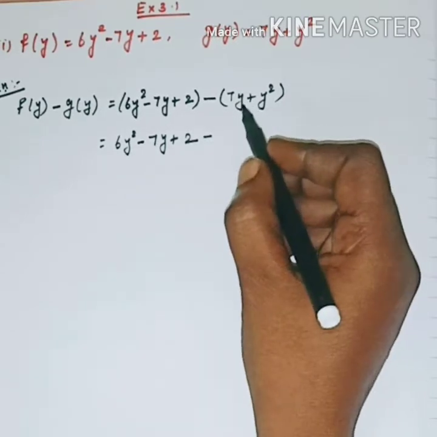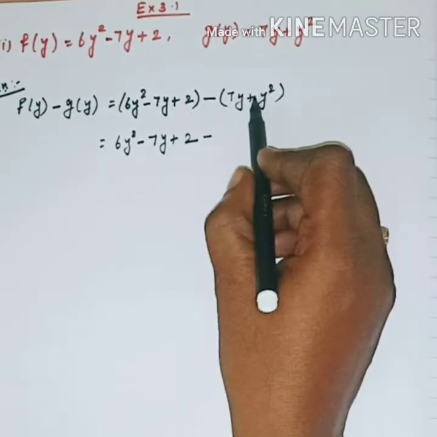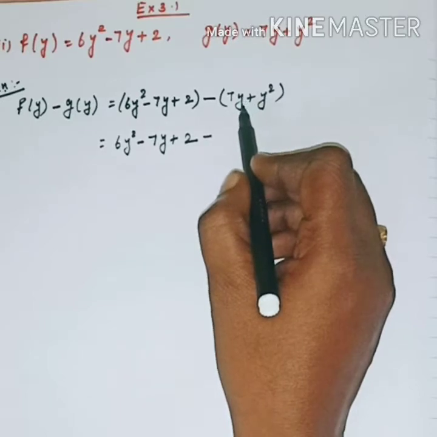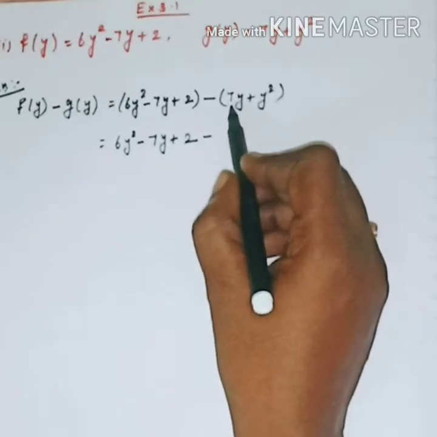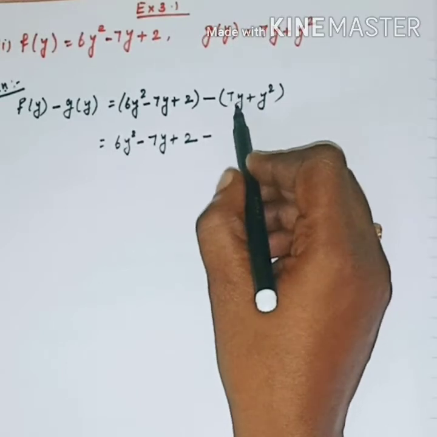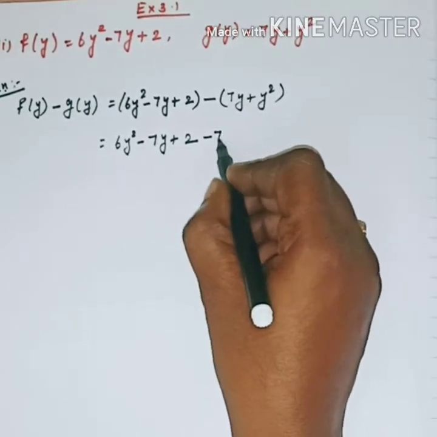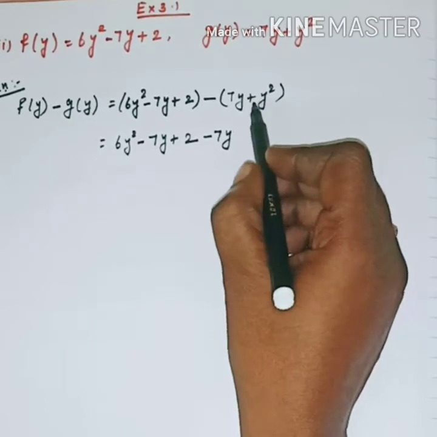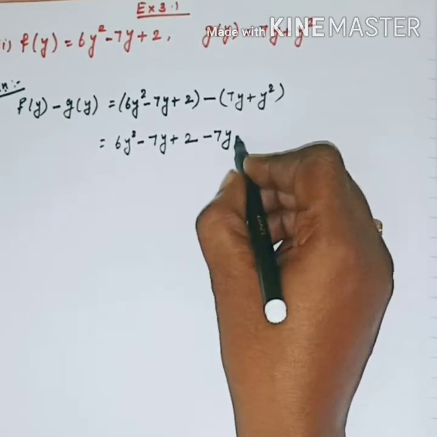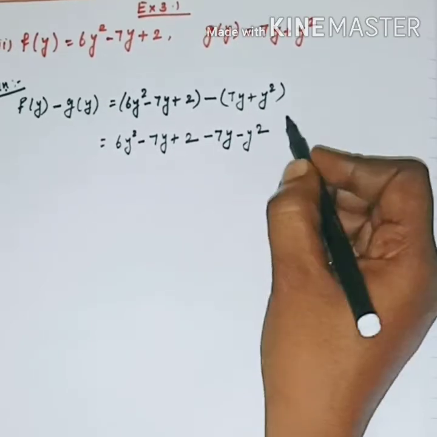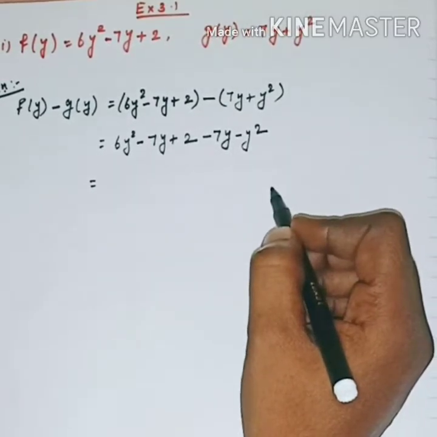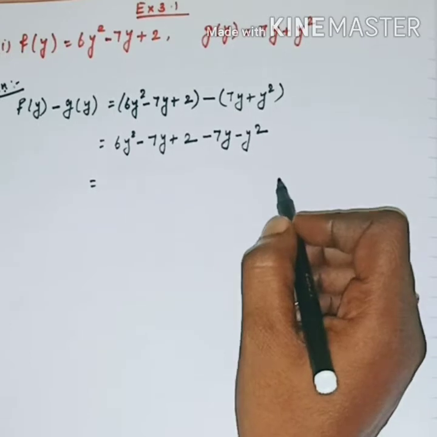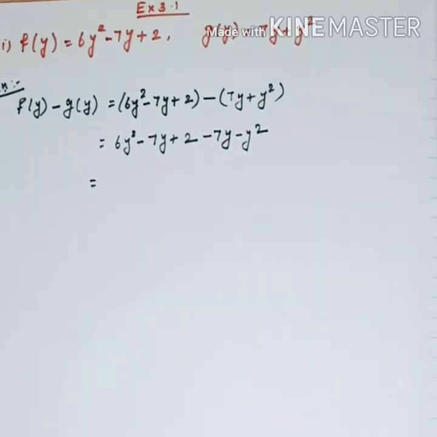minus. When subtracting these two polynomials, you have to change the signs of the second expression, isn't it? So we have plus 7y here, put minus 7y, and then plus y square we have, put minus y square. Now combining the like terms. What are the like terms we have in this expression?